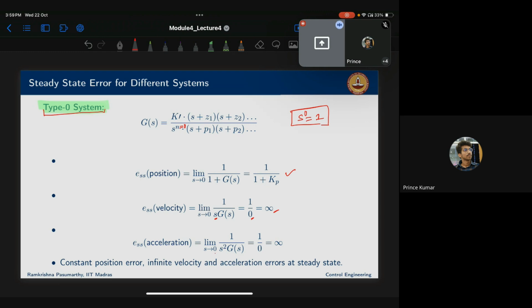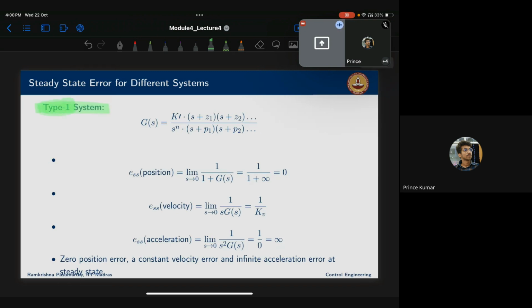So for a type 0 system you will have a constant position error, Kp, only. Velocity and acceleration constants are at infinity at steady state. Clear? Any doubt? Only the position error will dominate, not the velocity and not the acceleration. That is for type 0.